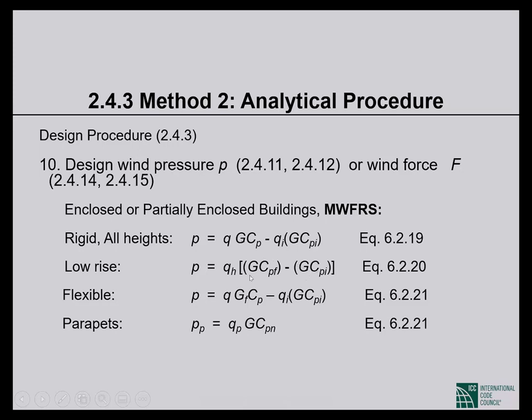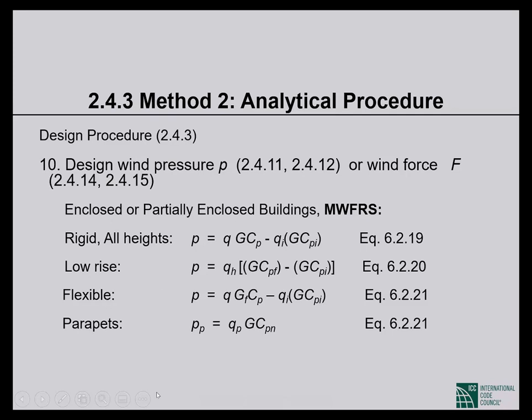So between here and here, the difference is Q for all external pressure, including external pressure on the windward face, is now Q sub H. And the Q sub I is also Q sub H. And for the external pressure term, there is no separate G and C sub P. It is G times C sub PF. Okay. So on and so forth.